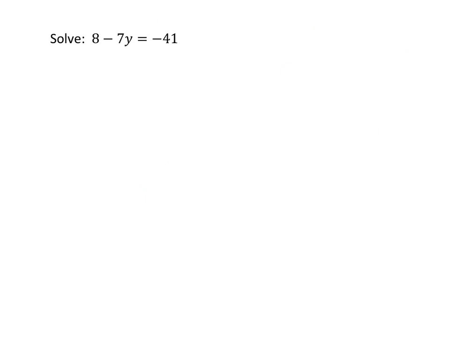Now this problem here is really where it becomes valuable to make everything into addition. So if I looked at this, I'm going to rewrite this. I'm going to make this plus negative 7y. So I'm going to have 8 plus negative 7y equals negative 41. Okay.